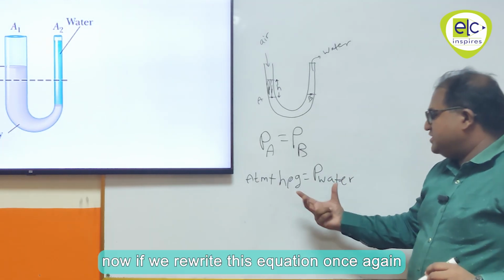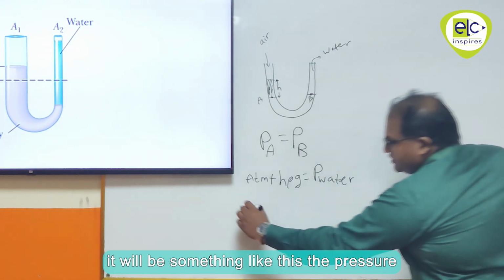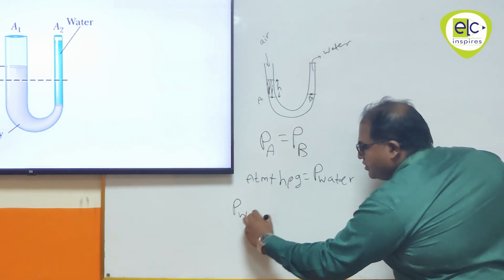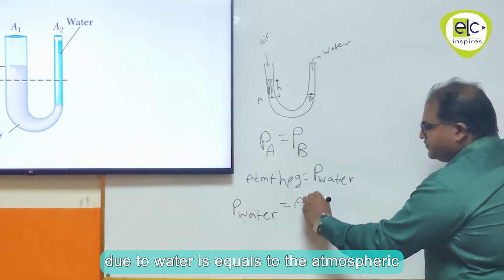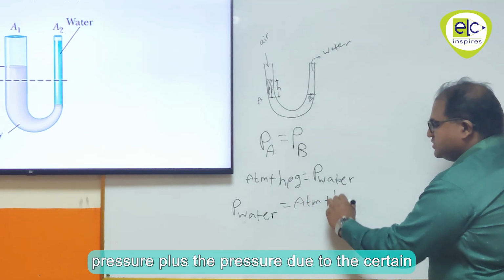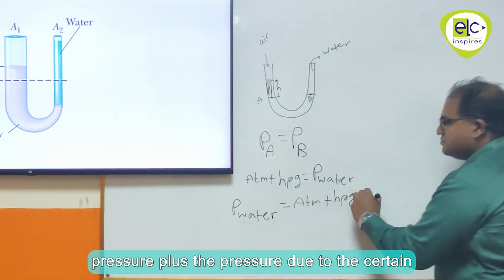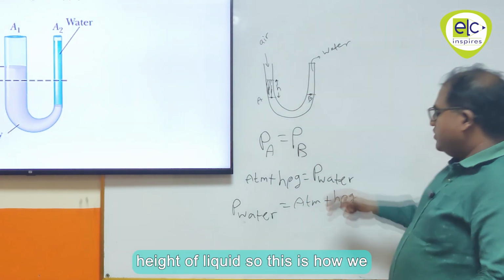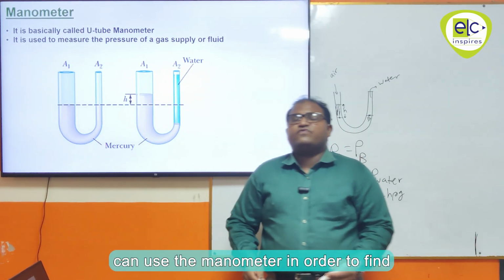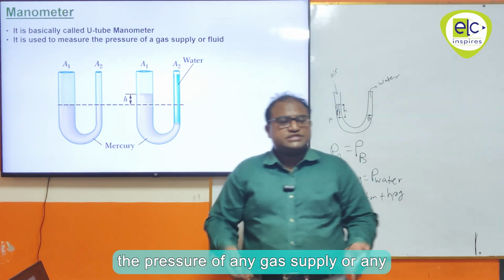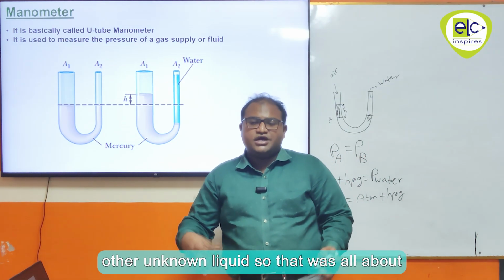Now if we rewrite this equation once again, the pressure due to water is equal to the atmospheric pressure plus the pressure due to the certain height of liquid. So this is how we can use the manometer in order to find the pressure of any gas supply or any other unknown liquid.